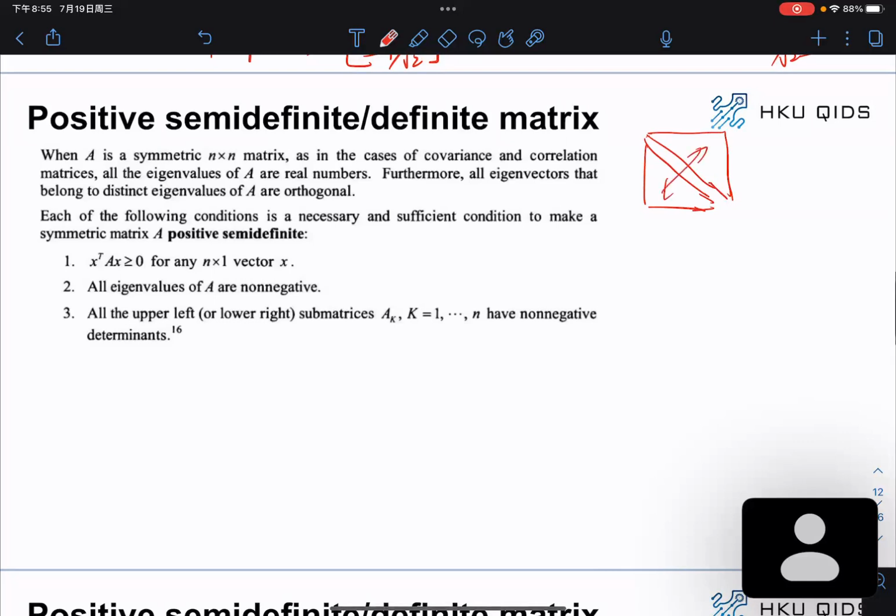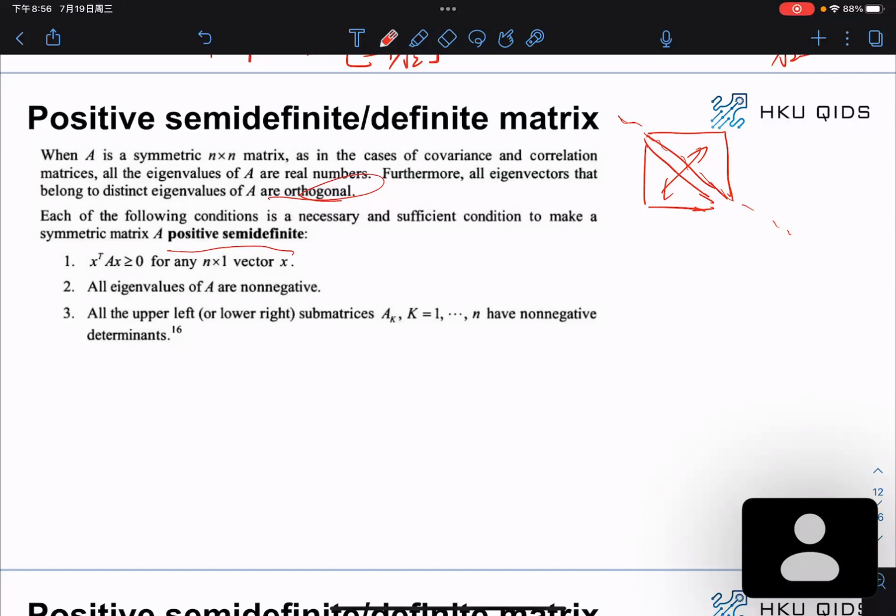They are just like flipping left-hand side to the right-hand side, with the center as a diagonal line. So all the eigenvalues are real numbers, and all eigenvectors are orthogonal. And these conditions make it positive semi-definite.